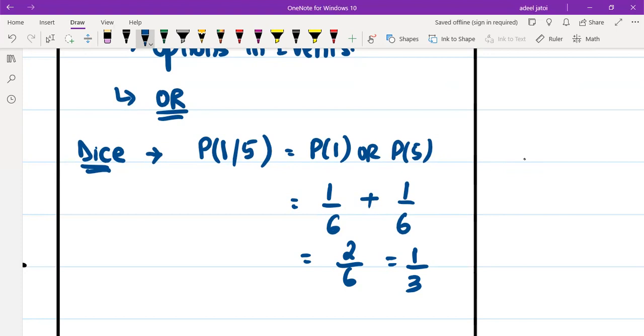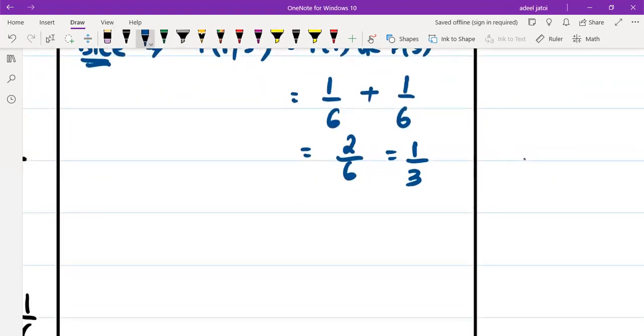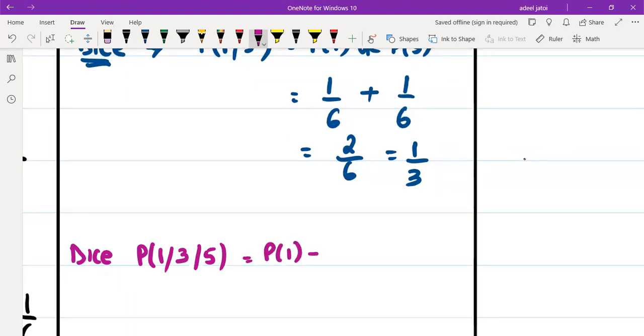Similarly, if we say a dice is rolled, find the probability of getting 1 or 3 or 5. Now, out of 6 sides, we need 3 sides, which means either we can have 1, or we can have 3, or we can have 5.